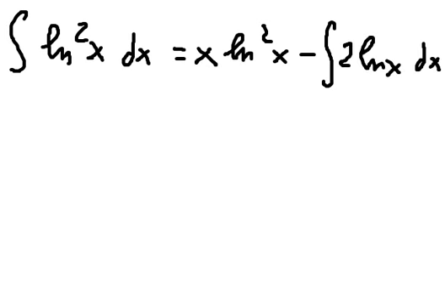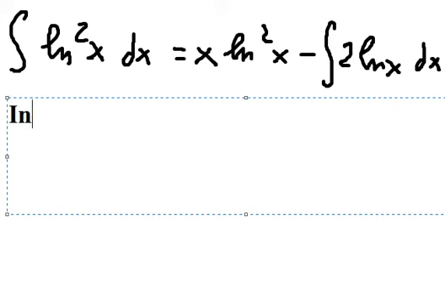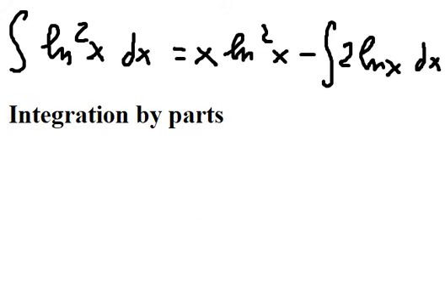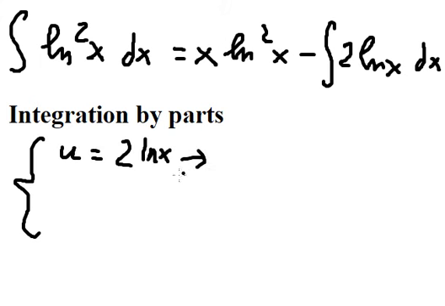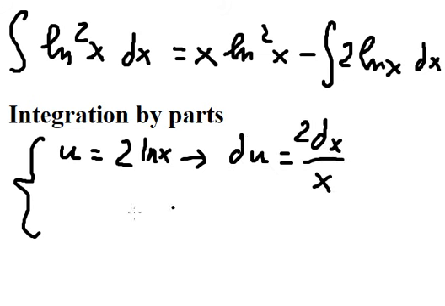Next, we continue using integration by parts. So I will put u equals 2 ln x. So we first take the derivative of both sides, and we have dx over x with number 2 in here. dv, we have dx.